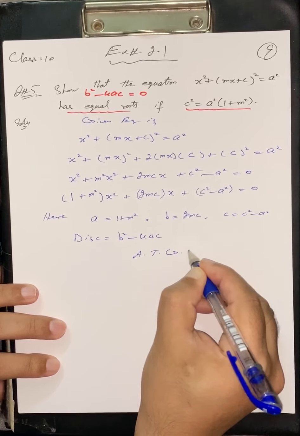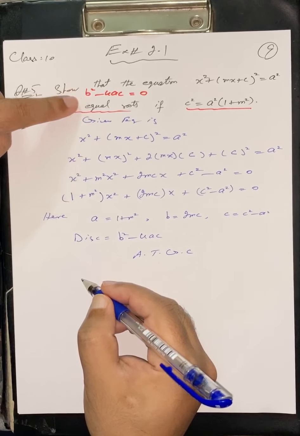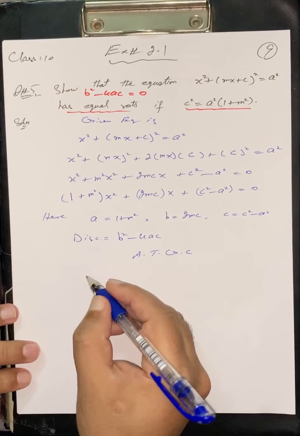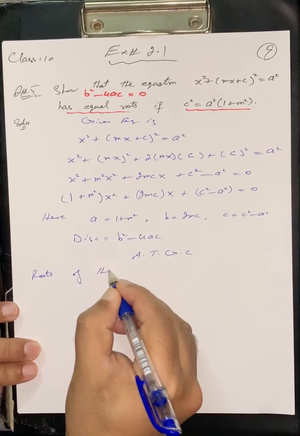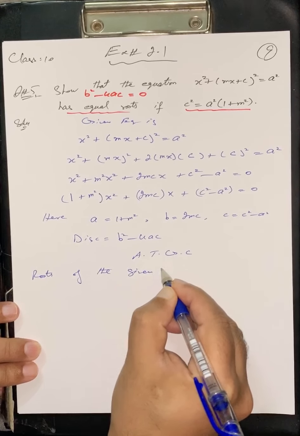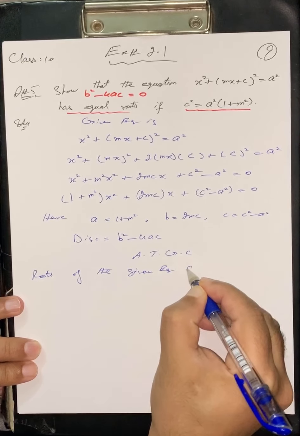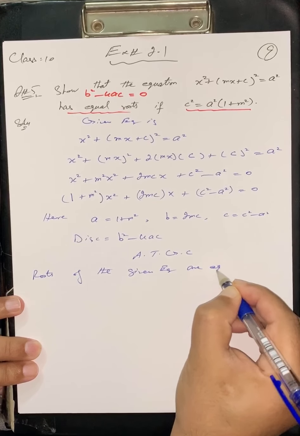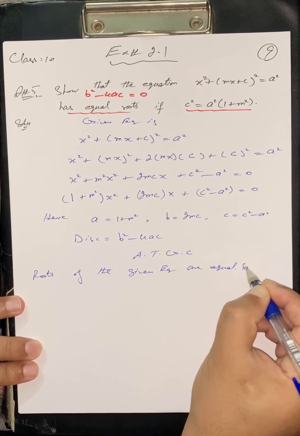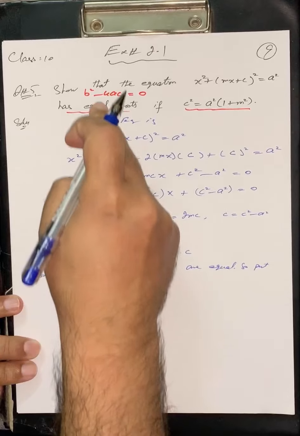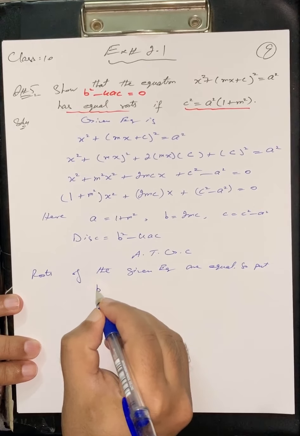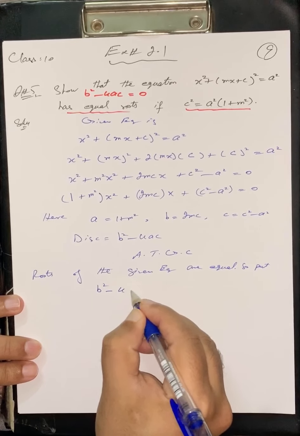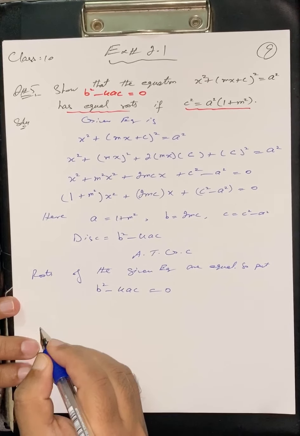According to the given condition, the roots of the given equation are equal. So what do we put? Discriminant equals 0: b squared minus 4ac equals 0.